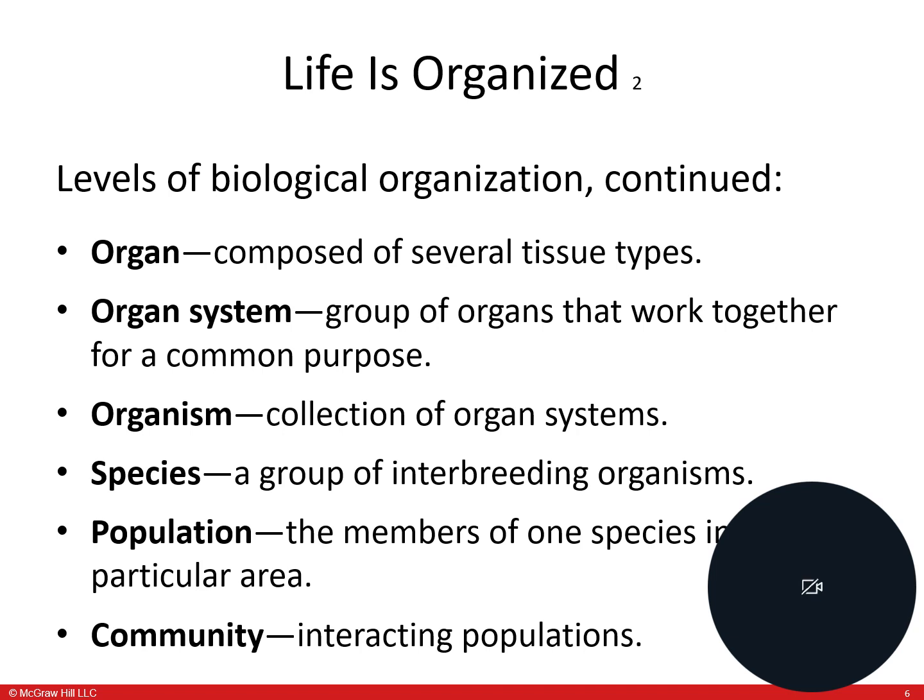So if I took all humans in Northeast Wisconsin, that would be a population. If I took all the dogs in Northeast Wisconsin, that would be a population. A community then is interacting populations. So if I took all living things in Northeast Wisconsin, so anything that's alive, plants, dogs, cats, ferrets, raccoons, humans, you name it, that would be a community. Different species, different populations, but we're all in one geographical region.